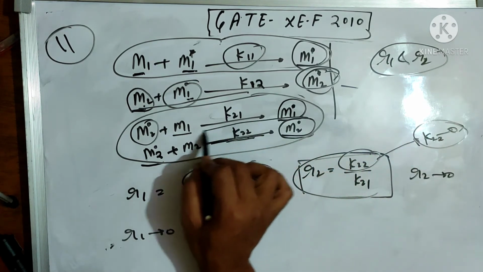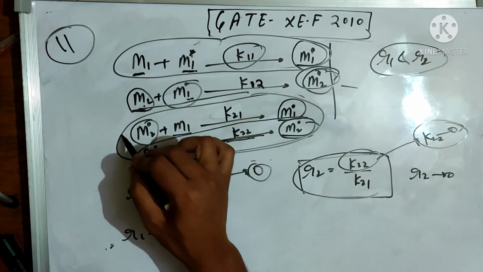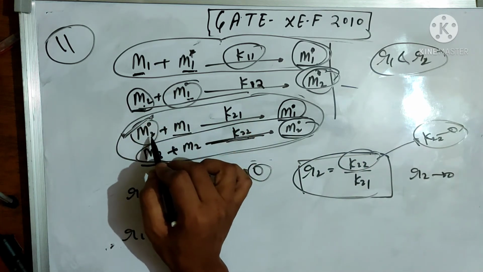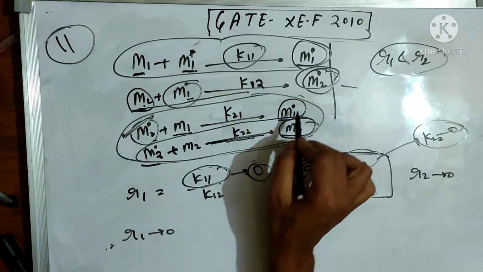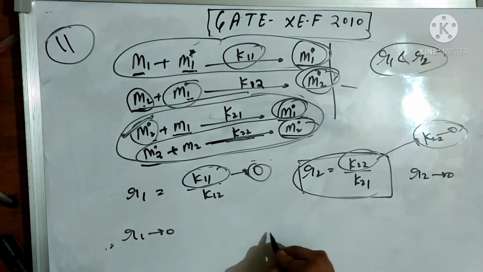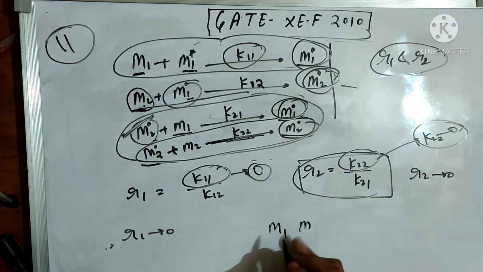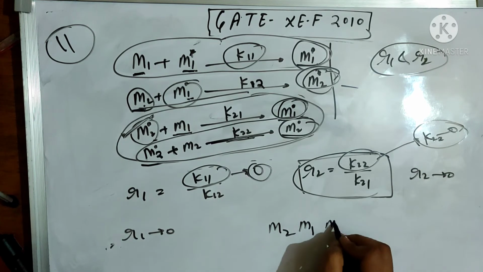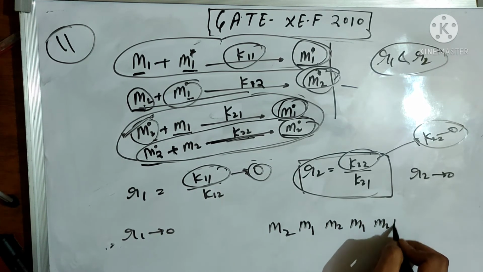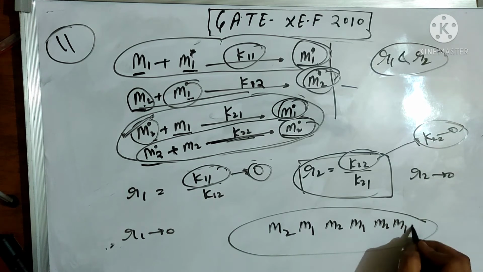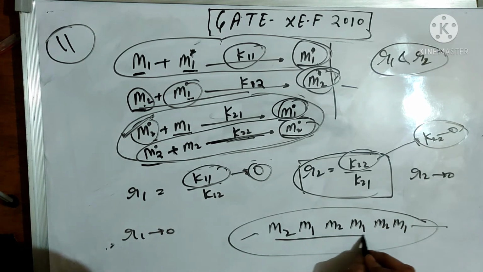That means this reaction is not completed. Only this reaction will be completed. That means M2 radical reacts with M1 and forms M1 radical. Then you can see first is M1, then M2, then M1, then M2, then M1, then M2, then M1. You can see all the monomers attached in an alternating manner.